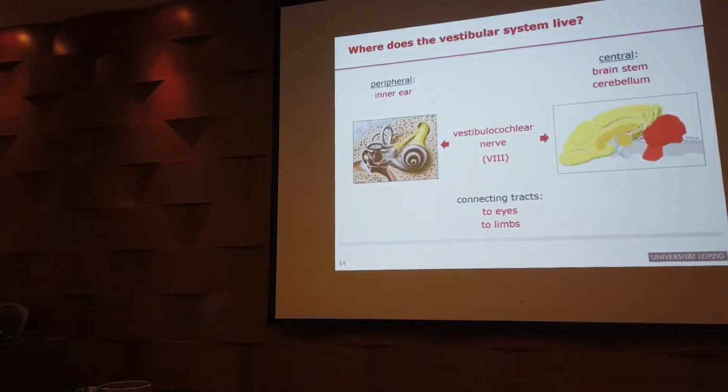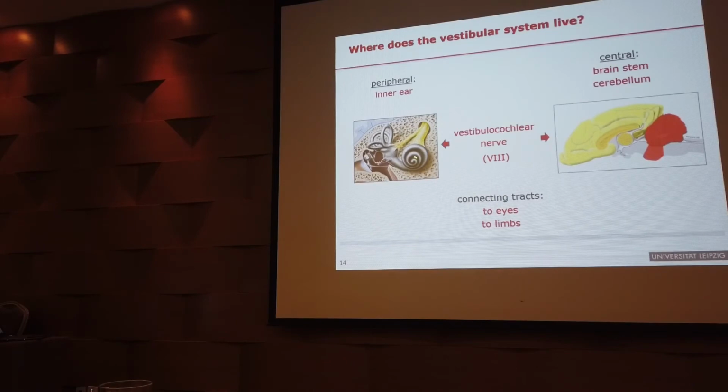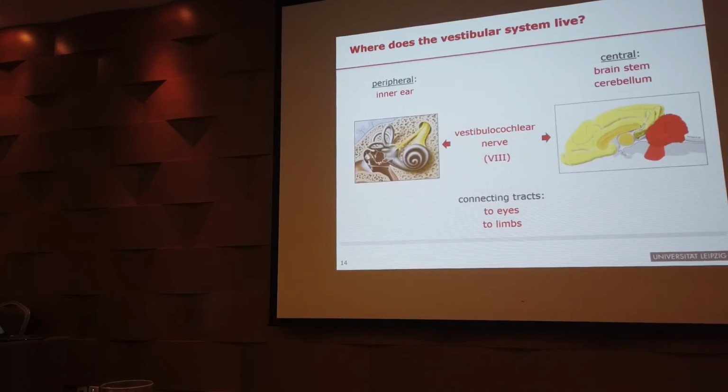I already touched that topic that we differentiate between peripheral and central vestibular disease. So peripheral means the inner ear. Central, there are certain areas in the brain, especially in the brainstem and in the cerebellum, and we will get a little bit more in detail. And both of them are connected by the 8th cranial nerve, the vestibular nerve. Actually, to be correct, it's the vestibulocochlear nerve.